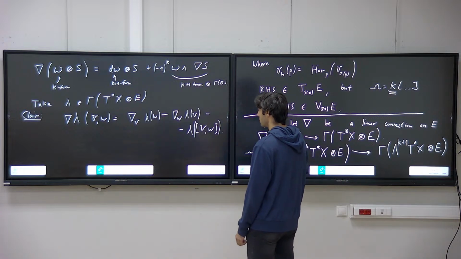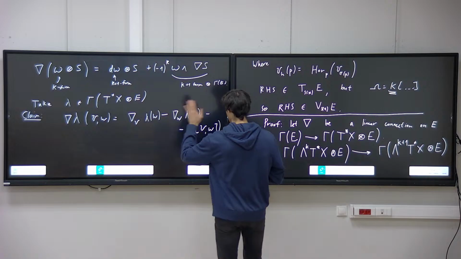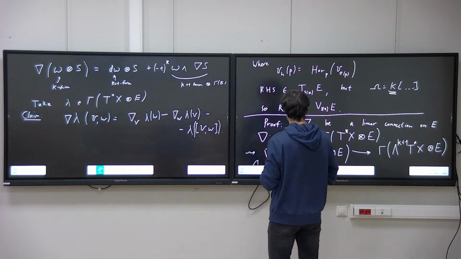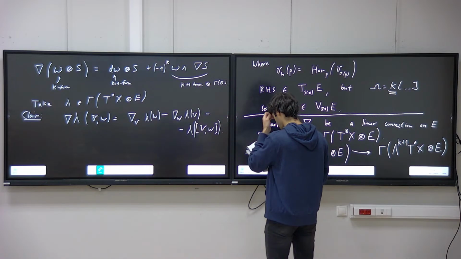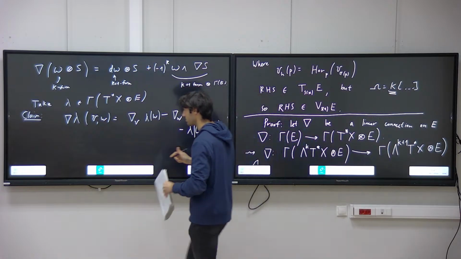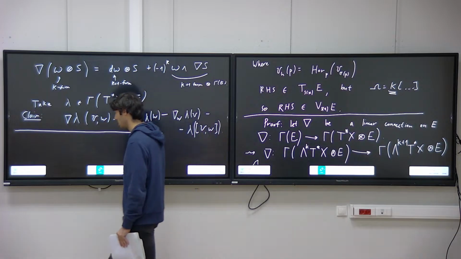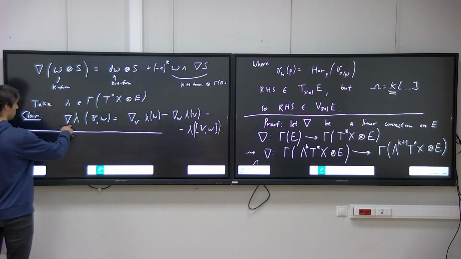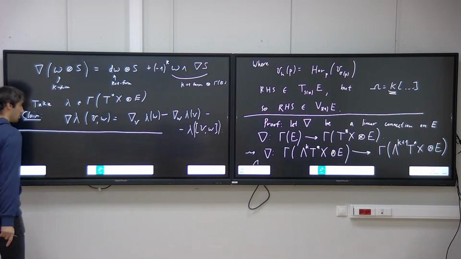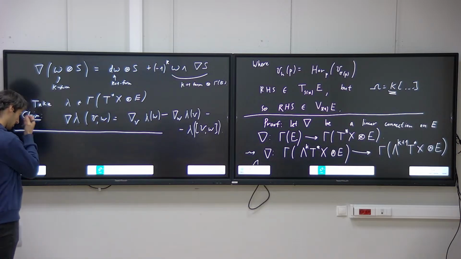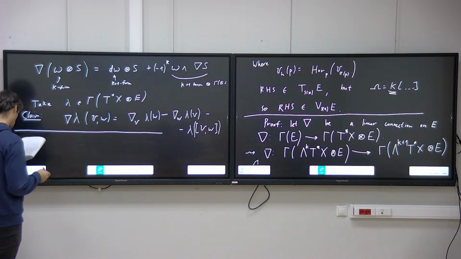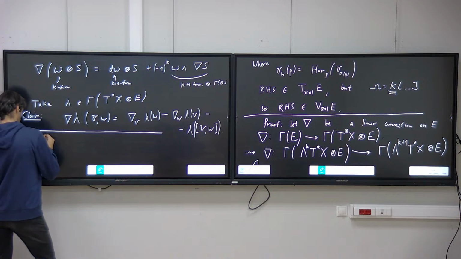Okay, so I'm going to apply this to one particular connection. That's one thing. To what connection and to what vector bundle am I going to apply this formula? So going back, I have nabla.